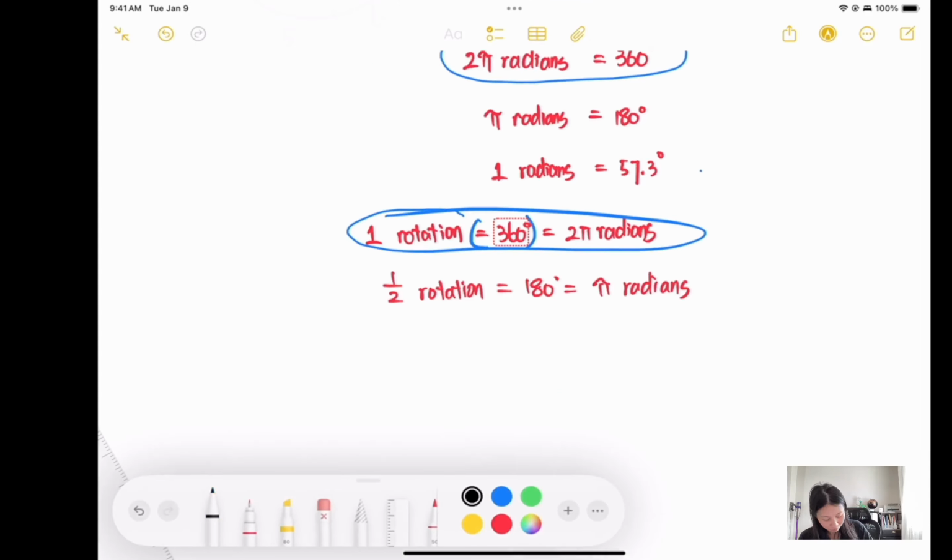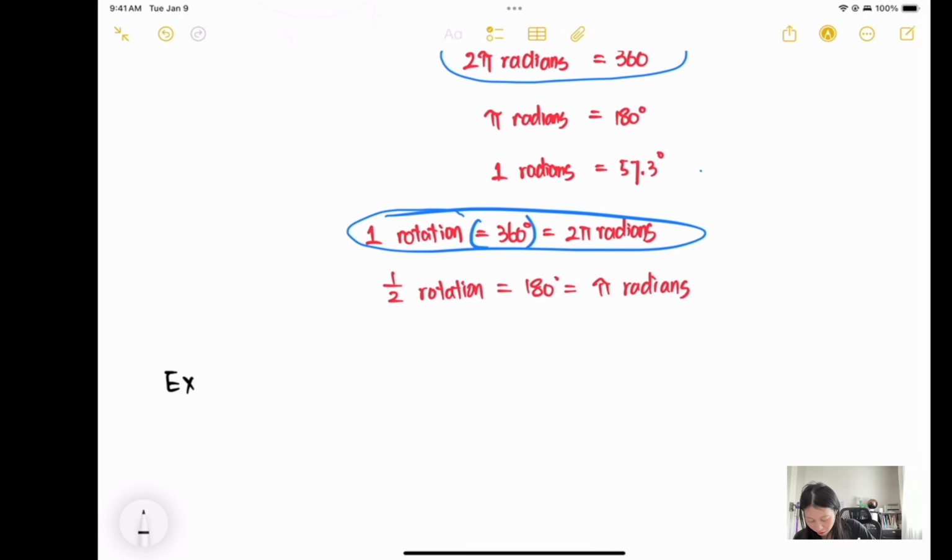Now, exercise. So 13 degrees, how do I convert the degrees to radians? Equals how many radians? Do you remember that at the beginning of this section, we had a little review on unit conversion? In order to convert that, we need to know the conversion factor.